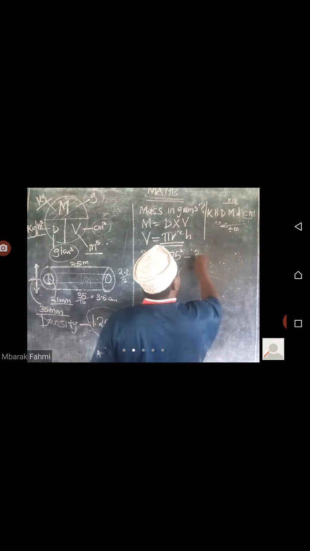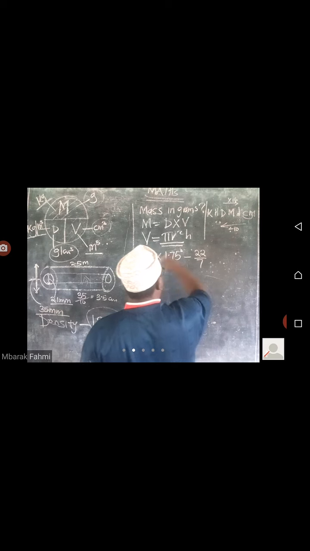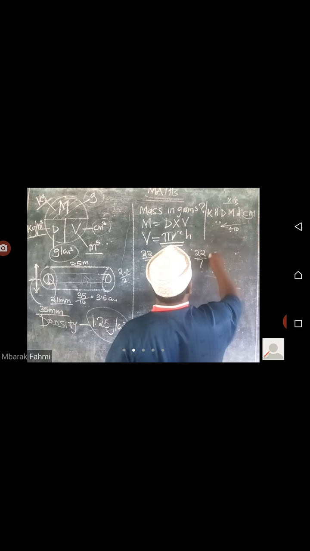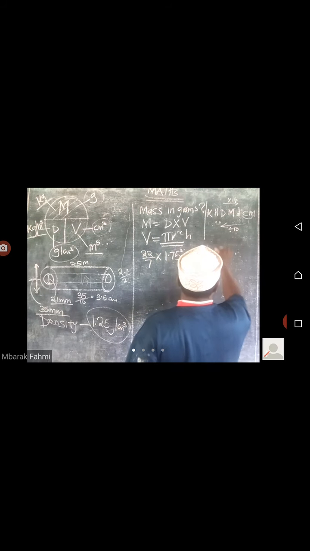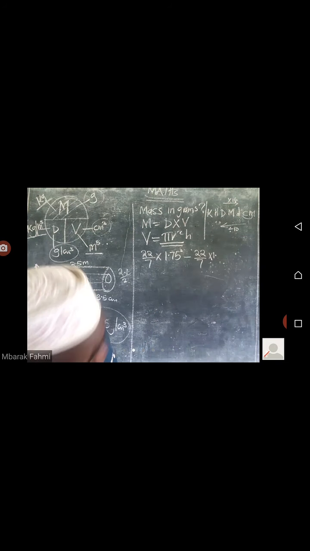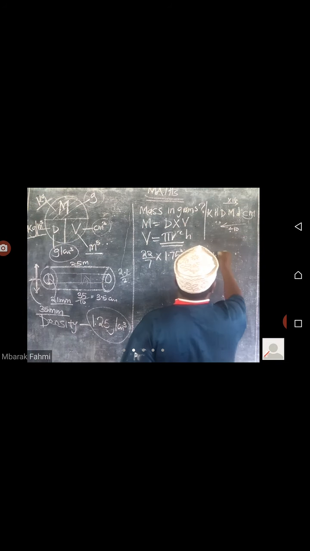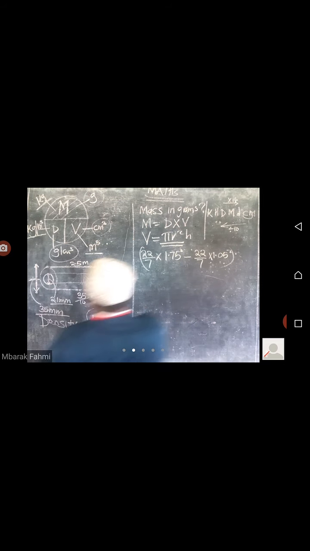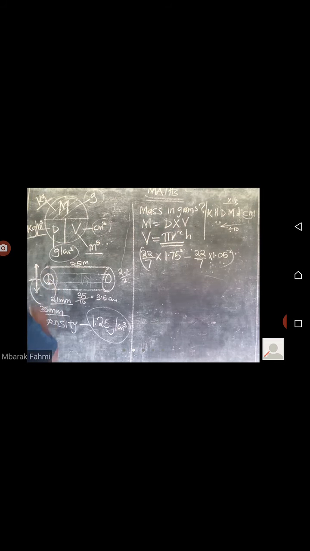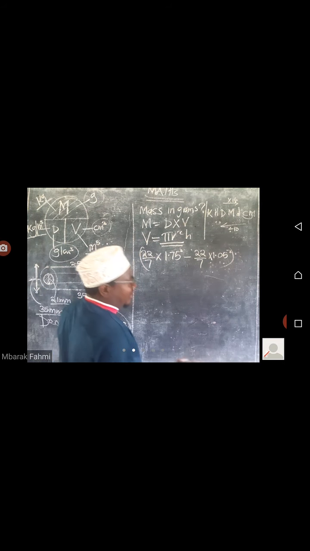So the area of the other circle will be 22/7 times 1.05 squared. Now this is the area of the bigger circle minus the area of the smaller circle, and we will remain with this. Then we multiply by height to get the volume.